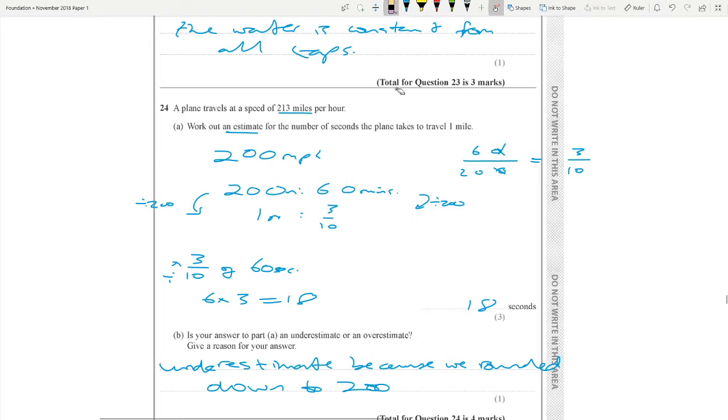Okay, now let's look at that again. Looking at the speed, we rounded it down, didn't we? So what effect would that have on the actual question?